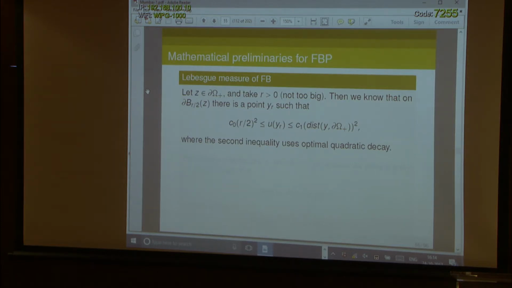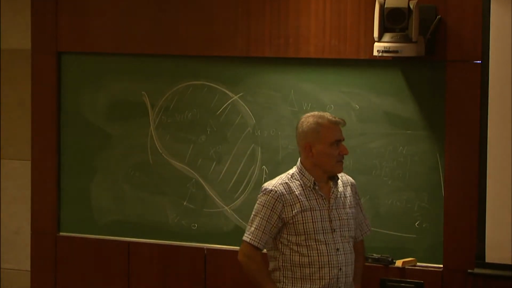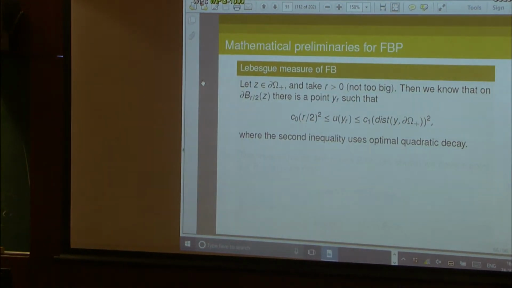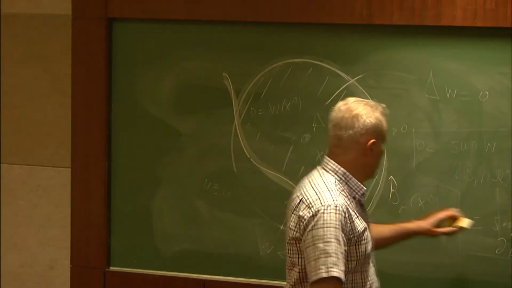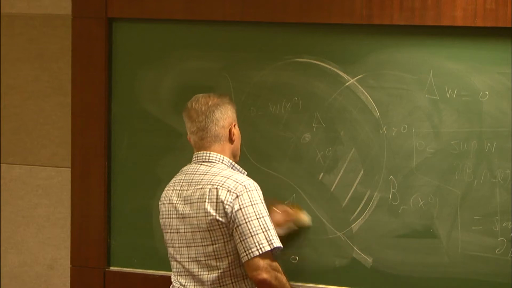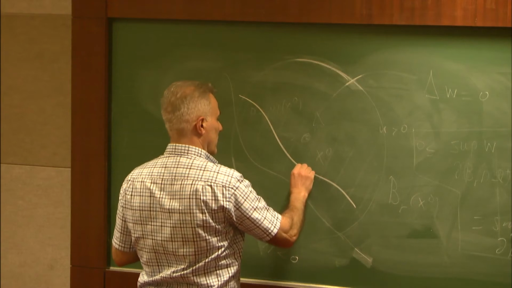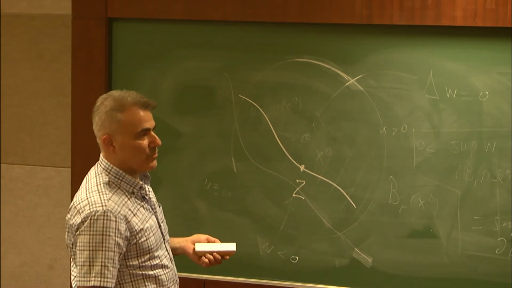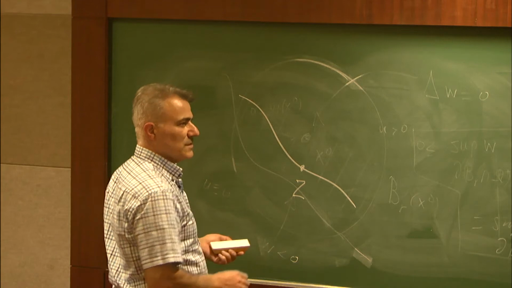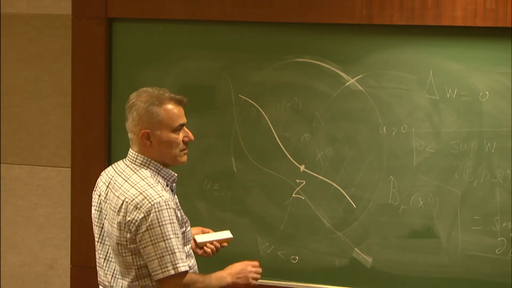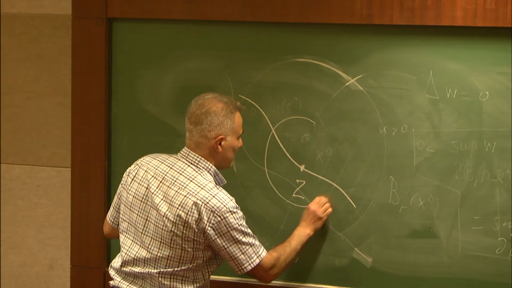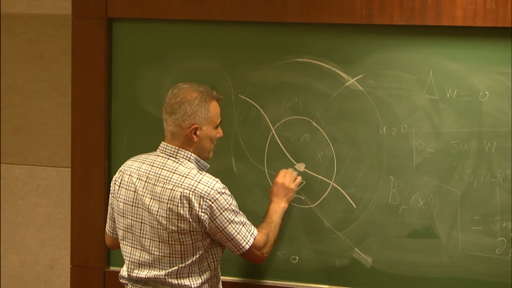Take a point on the free boundary. Take a ball of radius r divided by 2.